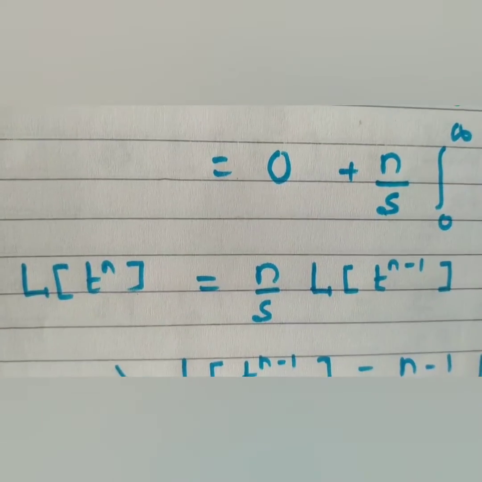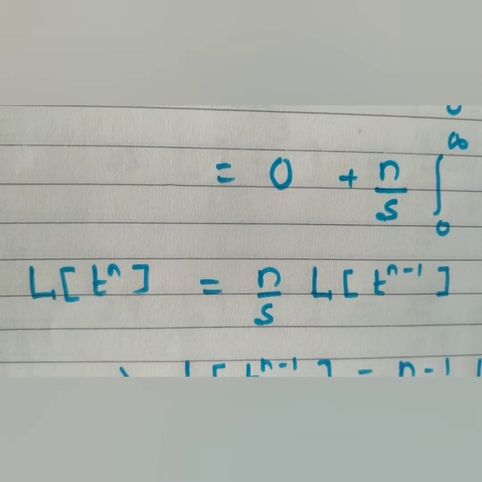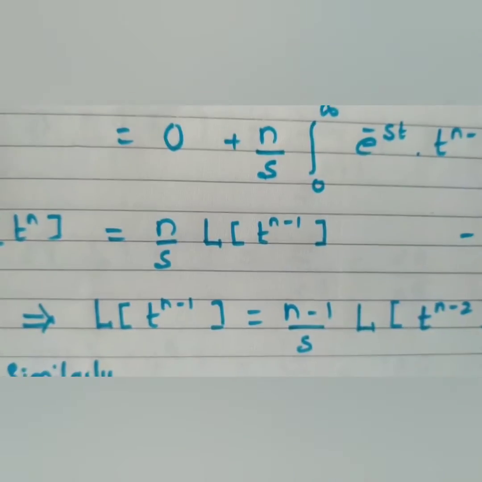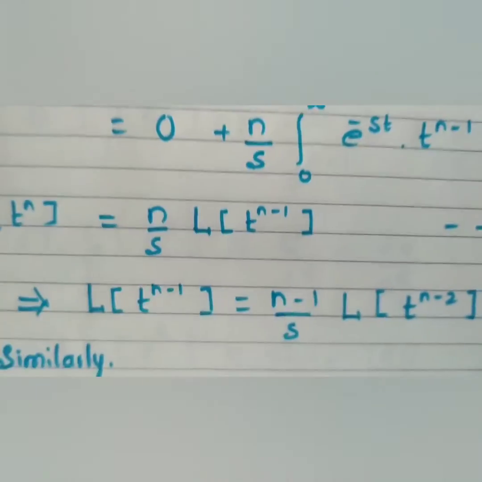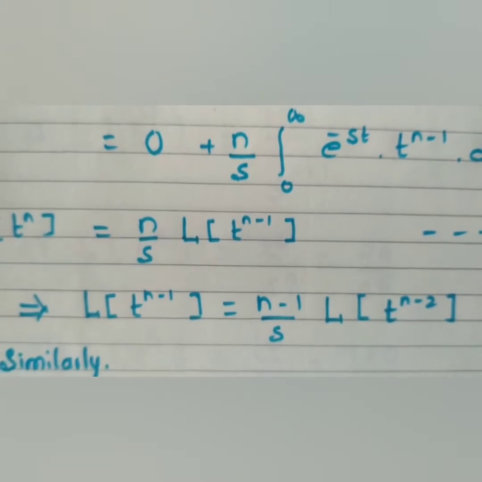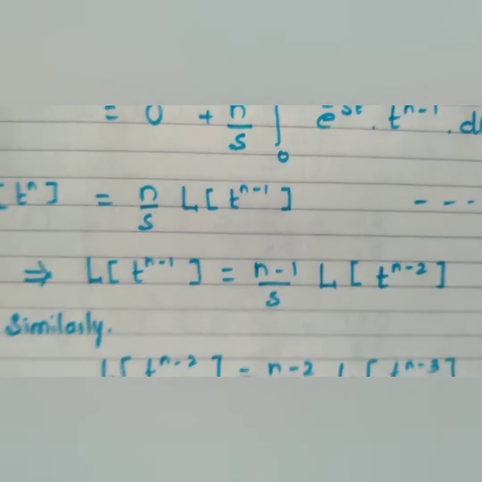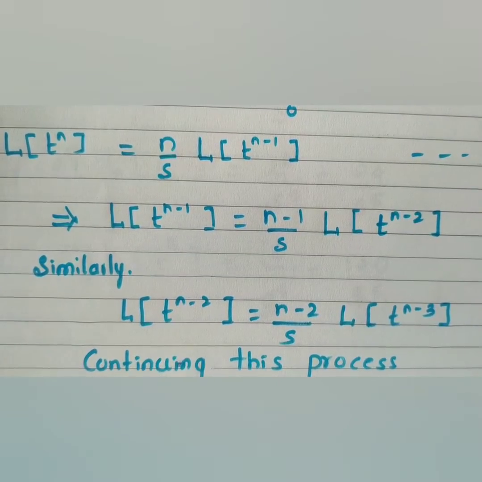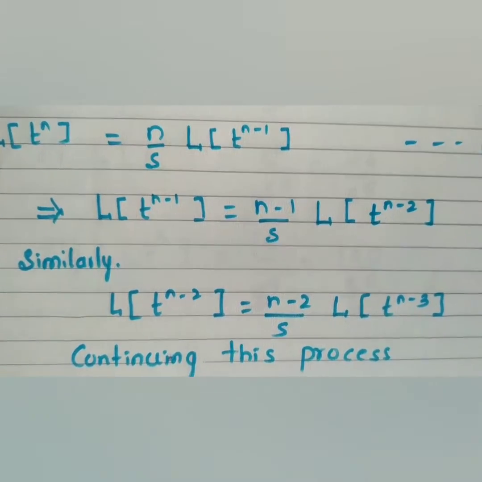To recall, L of t raised to n is n by s into L of t raised to n minus 1. L of t raised to n minus 1 is n minus 1 by s into L of t raised to n minus 2. Similarly, L of t raised to n minus 2 is n minus 2 divided by s into L of t raised to n minus 3.